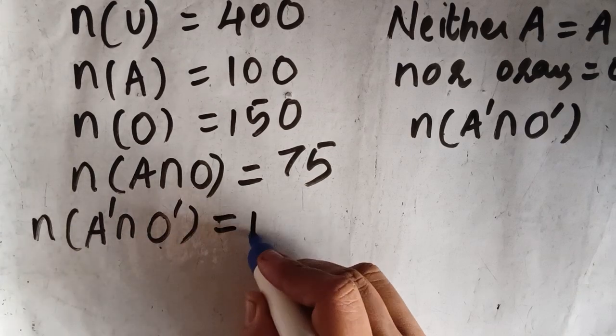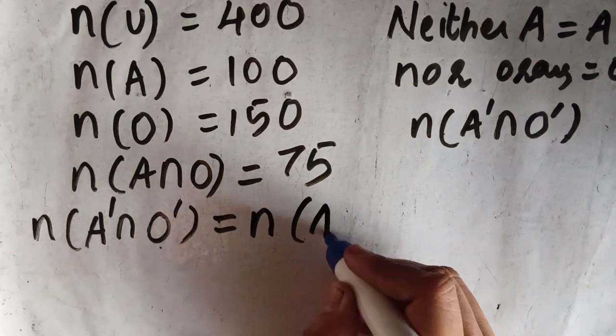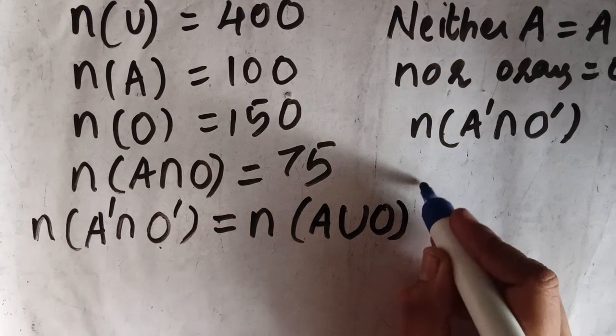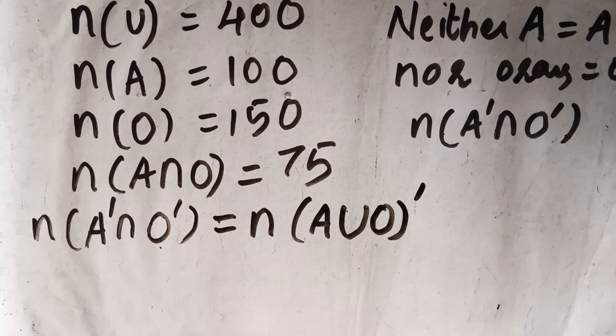So using De Morgan, this is nothing but A union O, the whole complement.